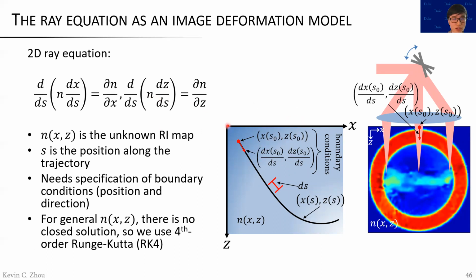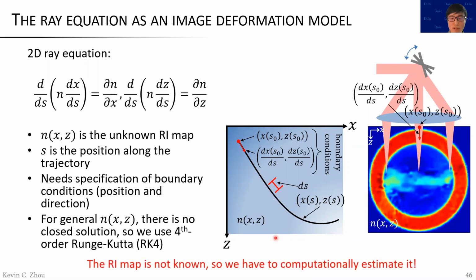So the ray equation will tell you how this trajectory will evolve through space. These boundary conditions are determined in our case by the scanning geometry pictured here. They depend on the lateral position as the beam is scanned laterally, and also on the orientation of the sample, which we are rotating, at least in the first demonstration. And because there's no closed-form solution to the ray equation in general, we have to use numerical integration.